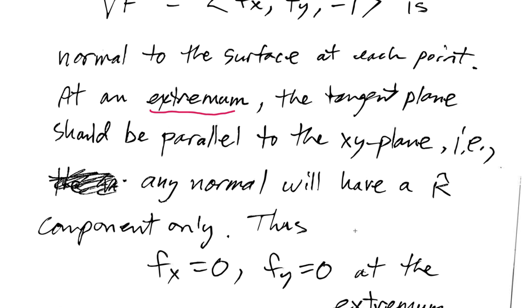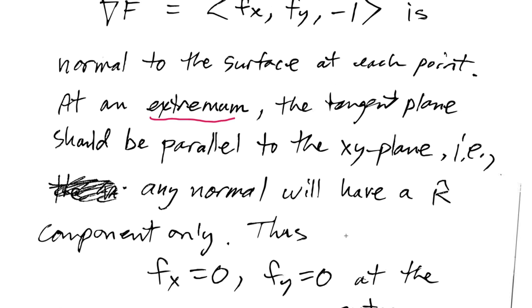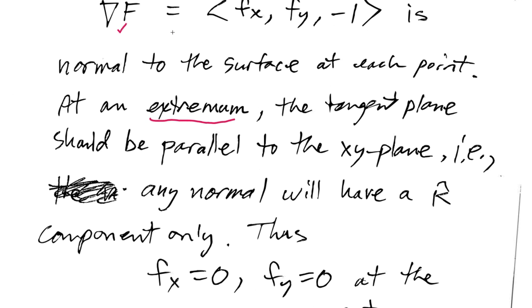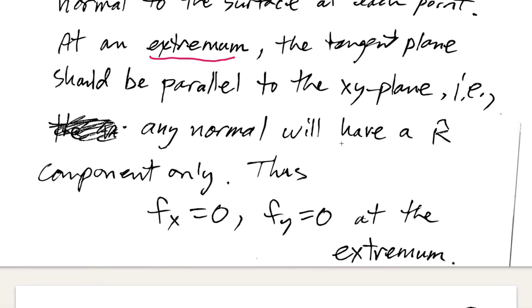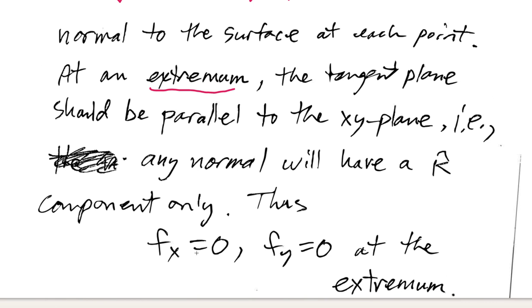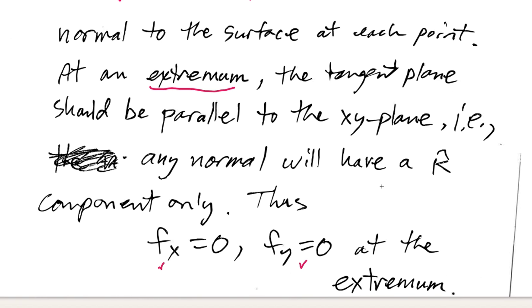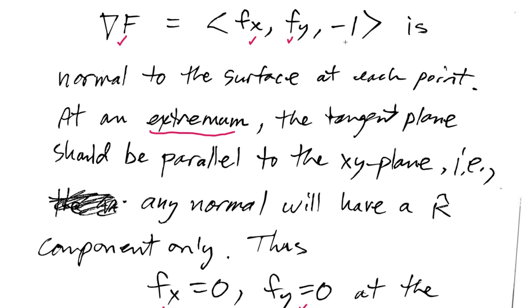So if this is normal to my surface at each point, the gradient of F, for the extrema then, the i and j components should be 0. So that means f sub x should be 0 and f sub y should be 0 at the extremum. Notice there is a k component left.